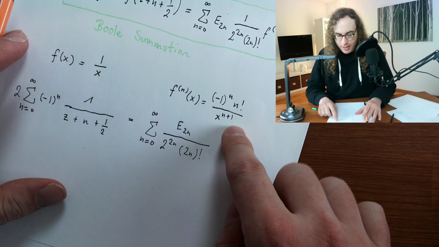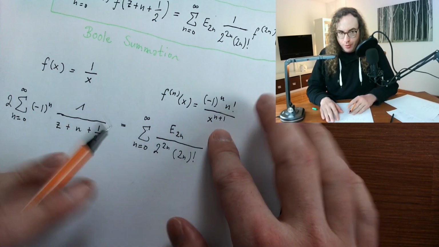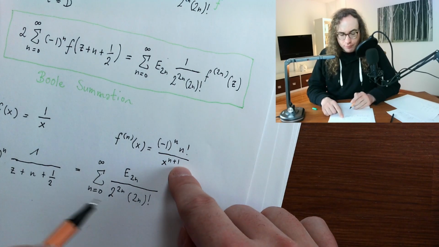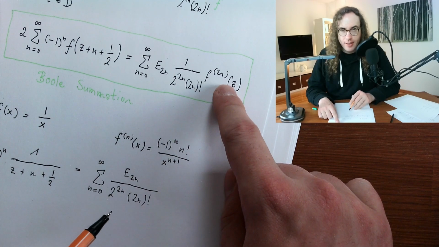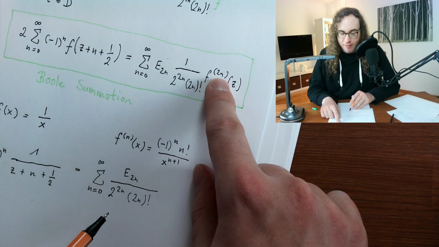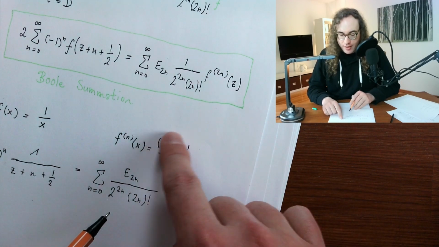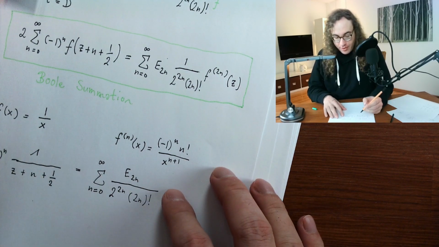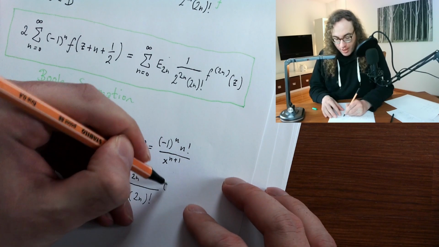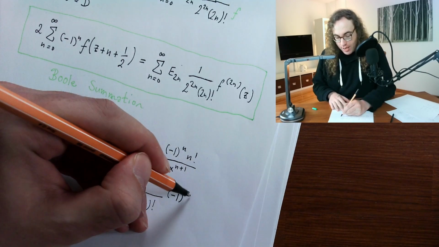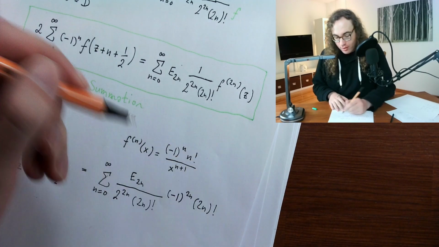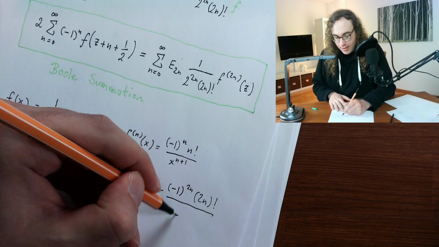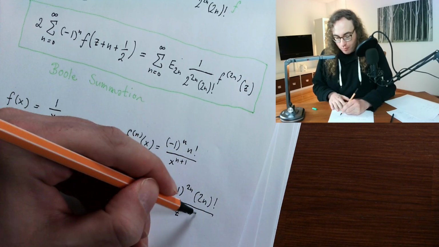So this is what we get here. So now I need to plug this into this formula, and there's a slightly delicate point because I only need this for the even derivatives. So what I need to plug in is this expression here, but for 2n instead of n. So this gives me minus 1 to the 2n, then 2n factorial divided by z to the 2n plus 1.